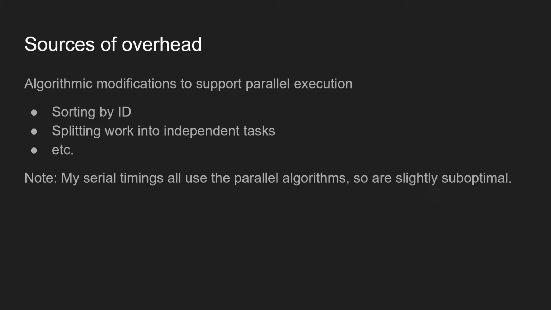Fortunately, in my case, they don't provide a lot of overhead, but depending on your actual algorithm, they may be better or worse. So this does affect my serial timings in my benchmarks slightly because those are running the parallel code but serially. It doesn't matter too much, but you should be aware that it does have some small effect.